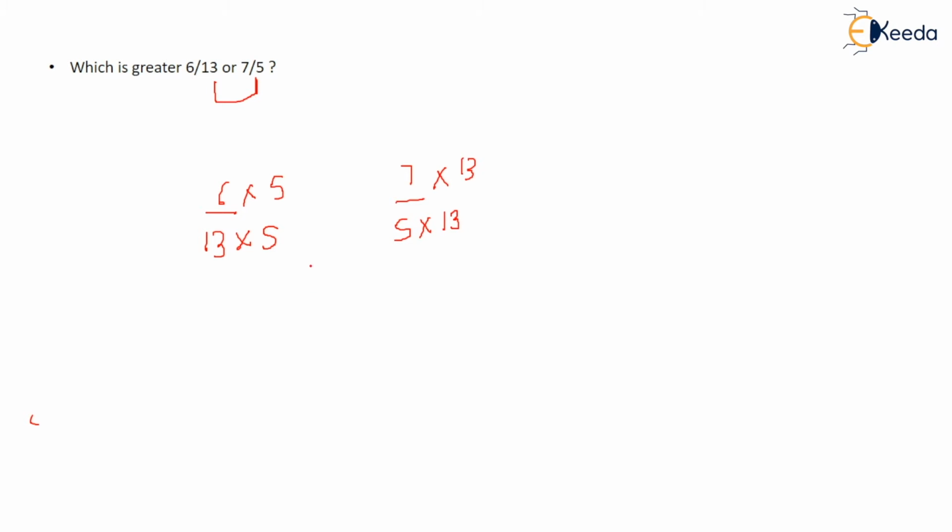This comes out to be 30 by 65, right? And this comes out to be 7 into 13, so that value comes out to be 91 by 65. So which one is bigger? 91 by 65. So this is how you need to compare.